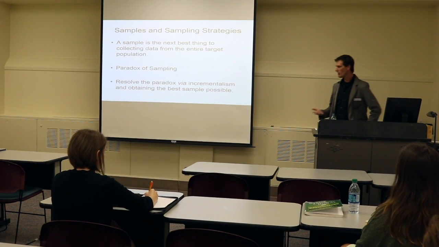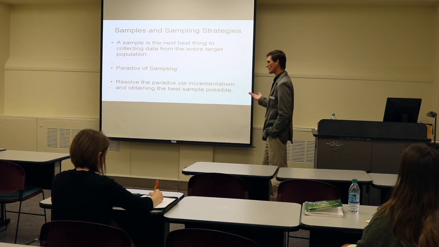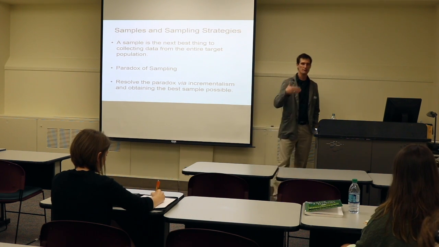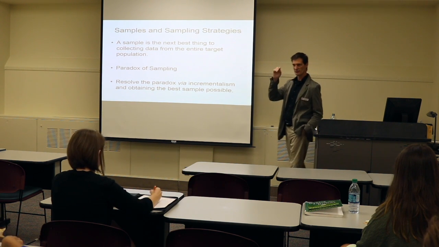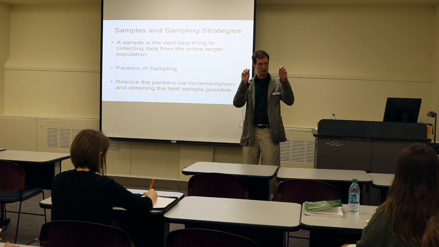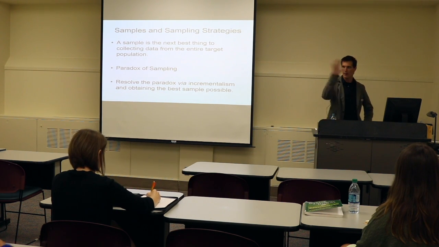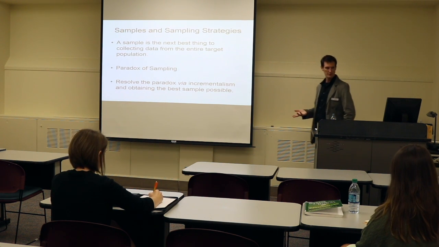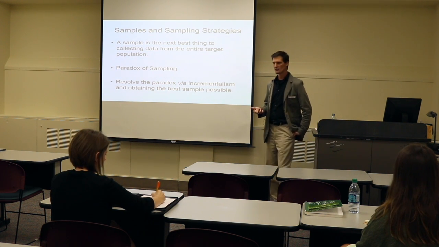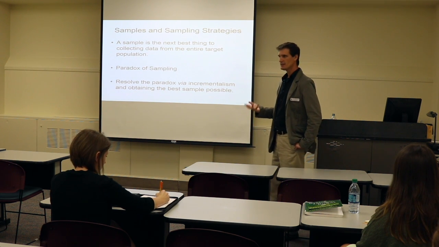Well, we can resolve the paradox in a couple of ways. One is through incrementalism. We want to take many small samples from that population. In incremental steps, we get small pieces of the population, and cumulatively, we have a better sense of what that population really looks like. And we strive to obtain the best sample possible. Well, what does that mean? What are the characteristics of a good sample?